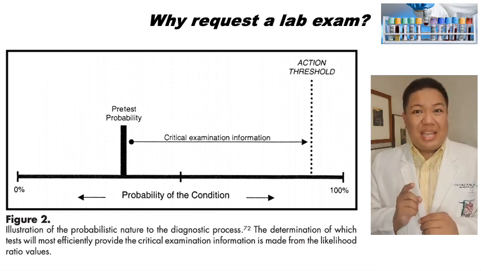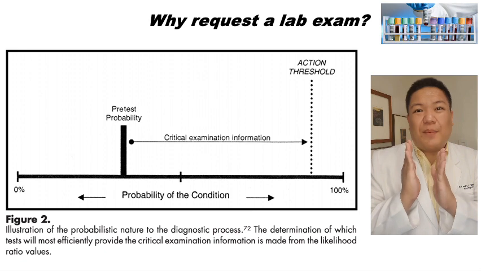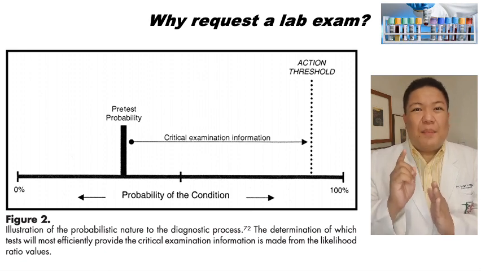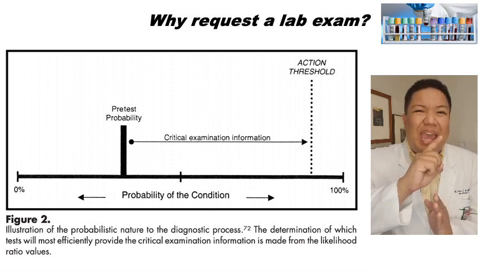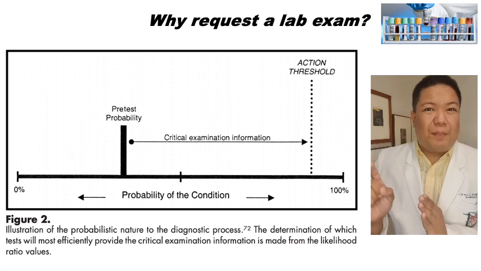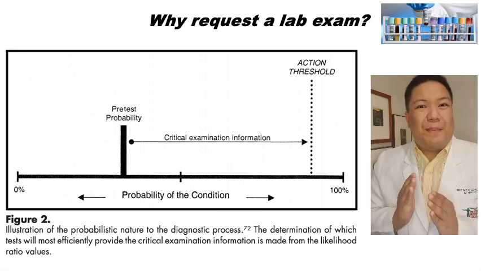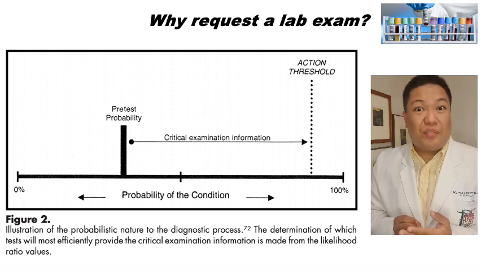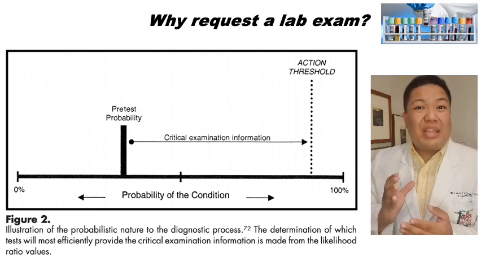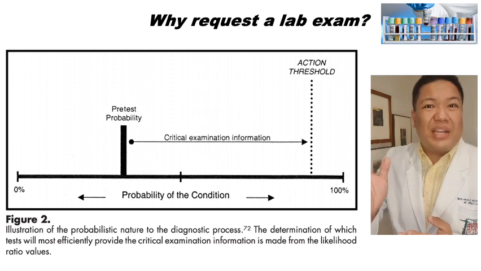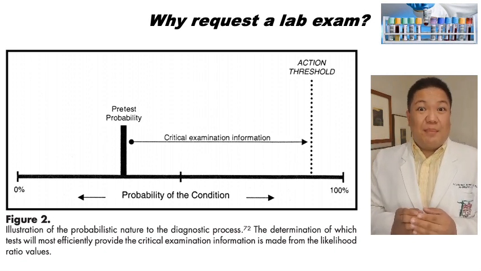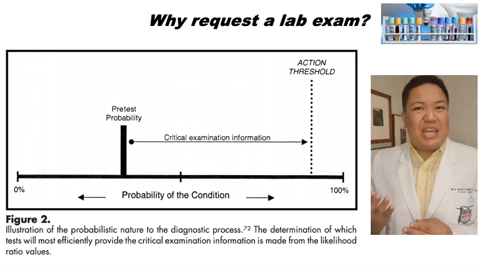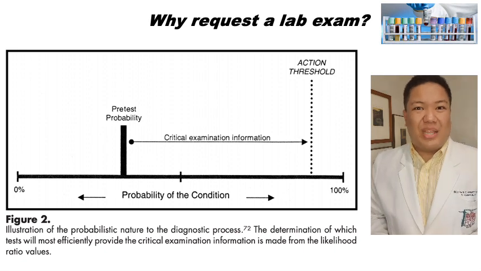So what happens in a laboratory test is you have a pretest probability. The laboratory test hopefully will aid you to jump to that part wherein you can already make a decision as to the diagnosis and treatment of the patient. So the laboratory test will help you move forward in your management because you will be able to make a good decision based on this laboratory test.